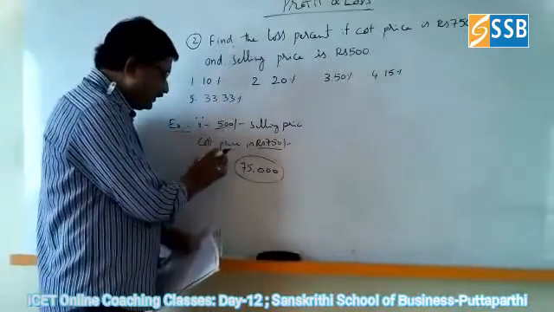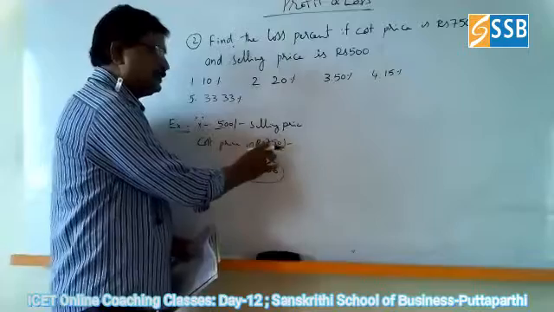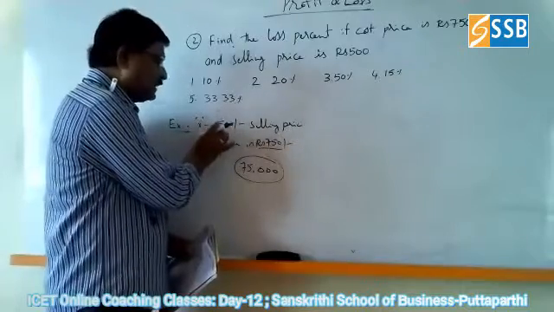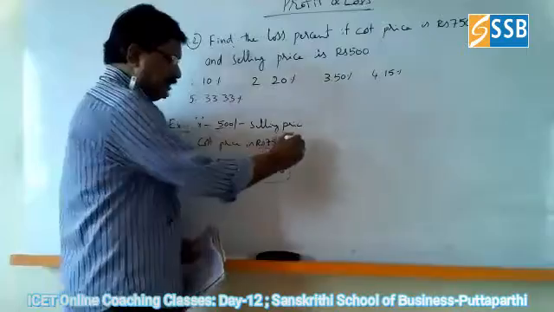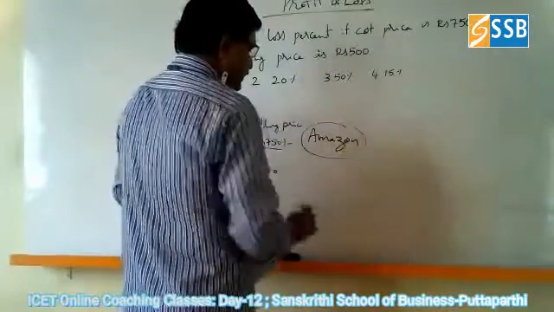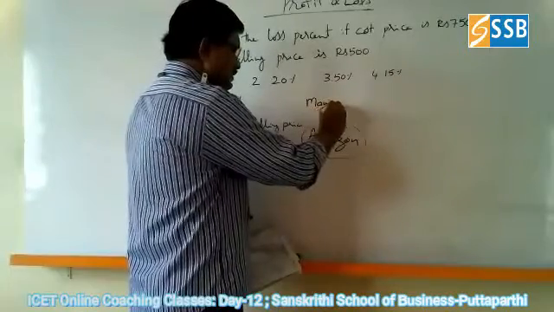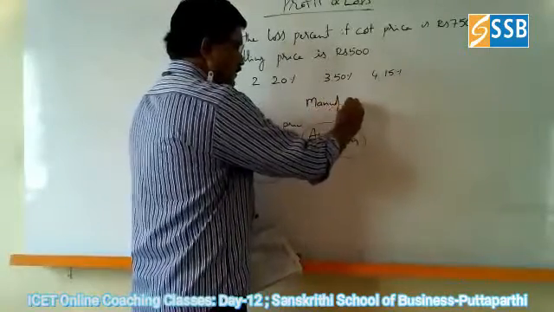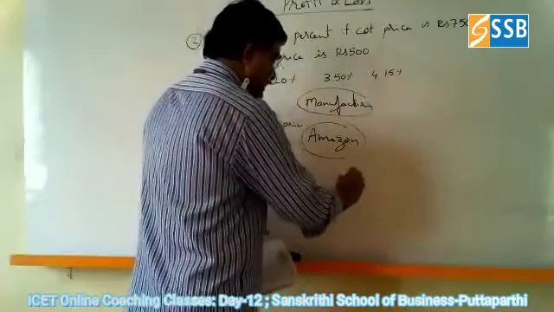Here, one fellow's cost price, purchase price, is 750 and selling price is 500 rupees. You may not know this, but in Amazon, the manufacturer is manufacturing goods and the buyer is buying goods.